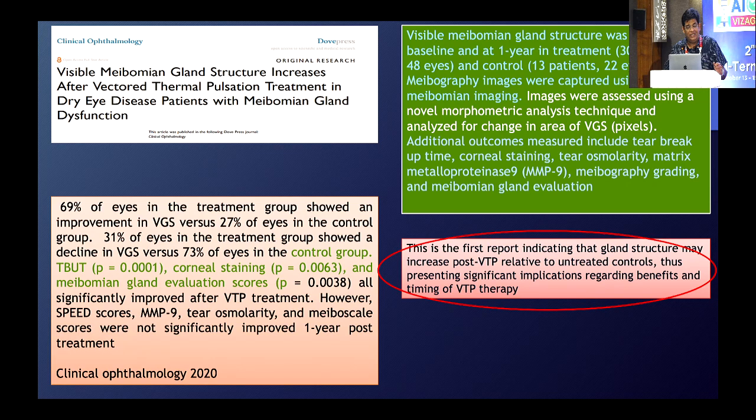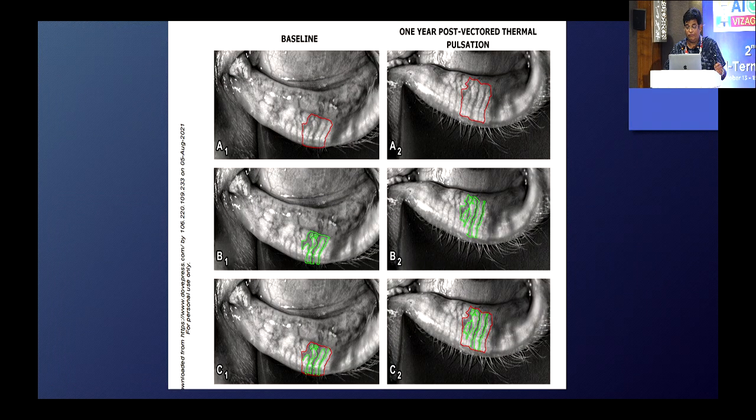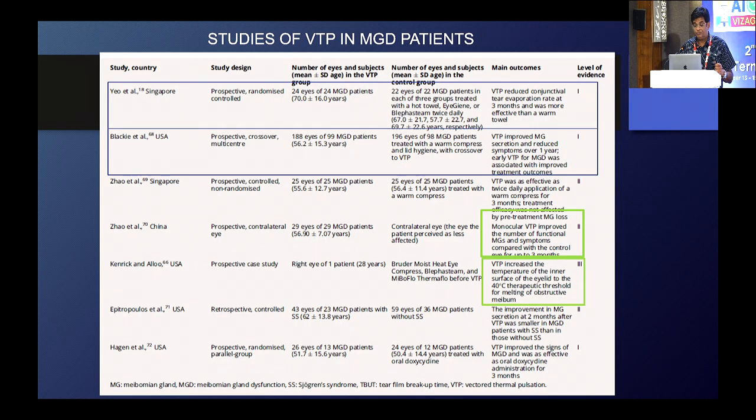Most interestingly, a couple of publications have reported that the structure of meibomian glands has improved after performing the thermal pulsation therapy in these patients. This is remarkable, and this is from that study, and you can see how the area of the meibomian glands has improved.